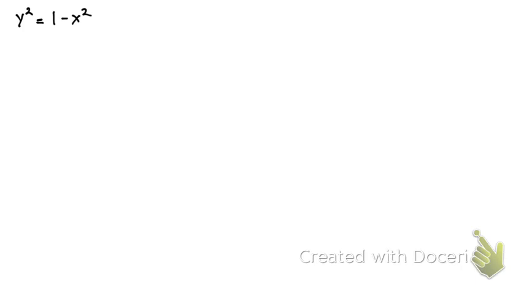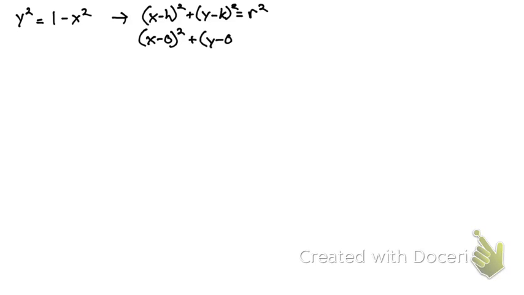Well, there's one way to think about this. The first way is, remember your circle formula. It's x minus h squared plus y minus k squared equals 1. Well, actually, it should be r squared. Well, in this case, if I move that x squared to the other side, we would have x minus 0 squared plus y minus 0 squared equals 1.